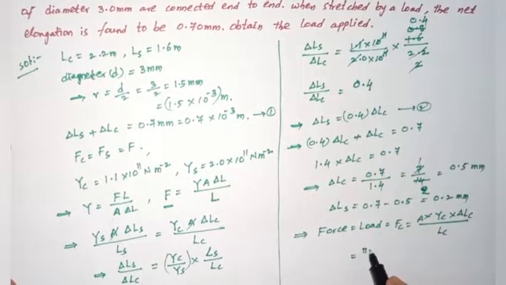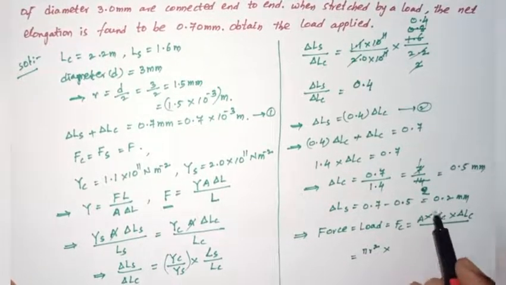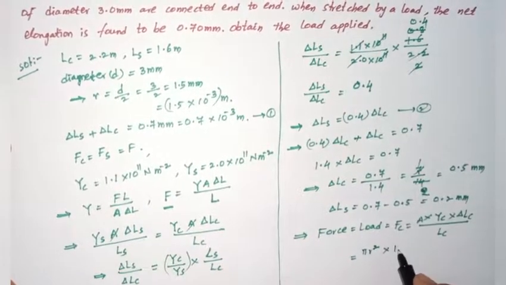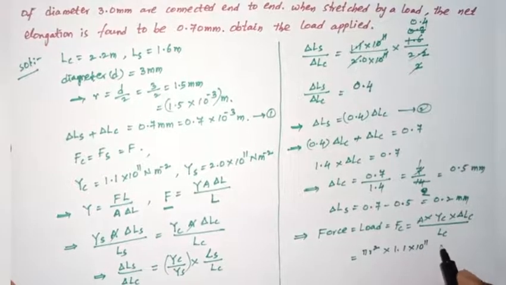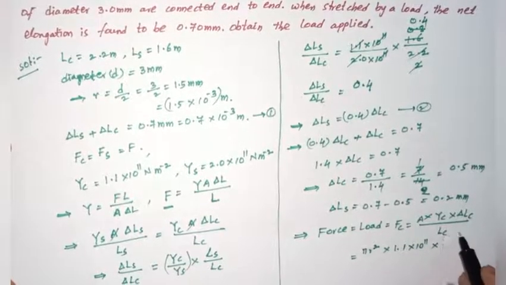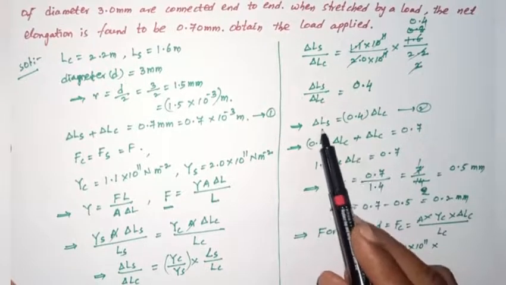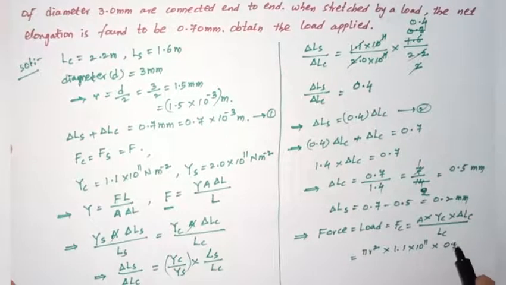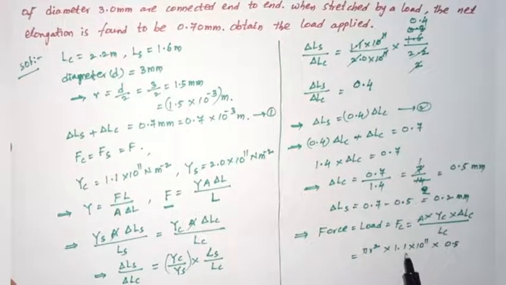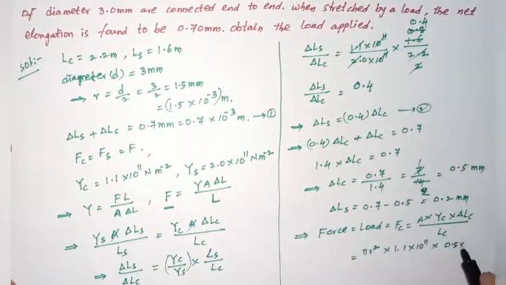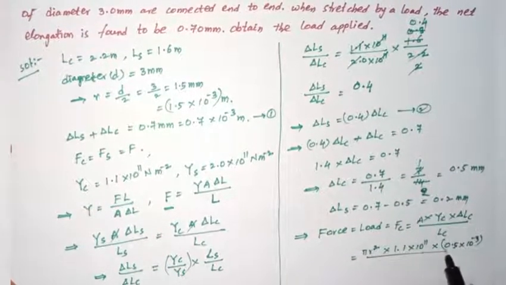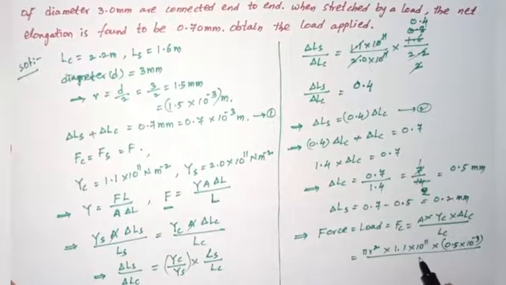Pi R square. Yc is 1.1 into 10 to the power of 11, delta Lc equals 0.5 into 10 to the power of minus 3, divided by Lc equals 2.2.